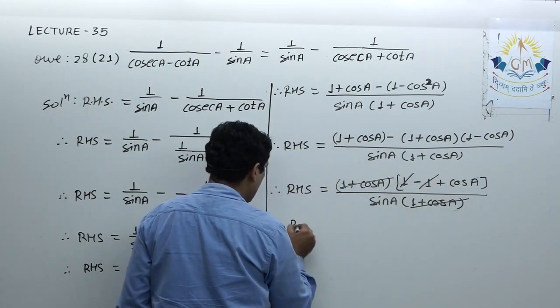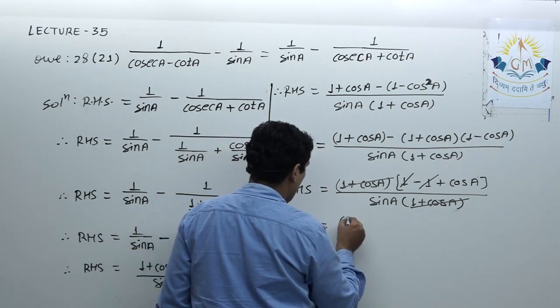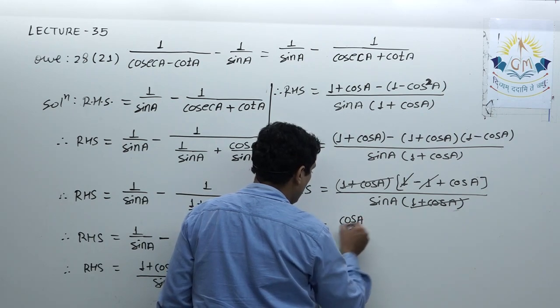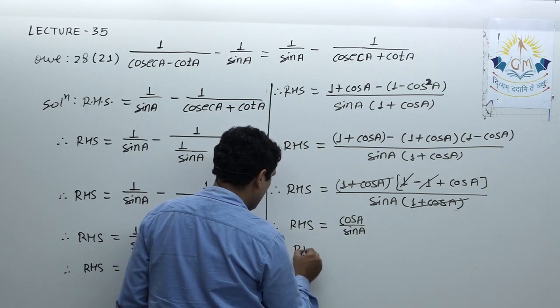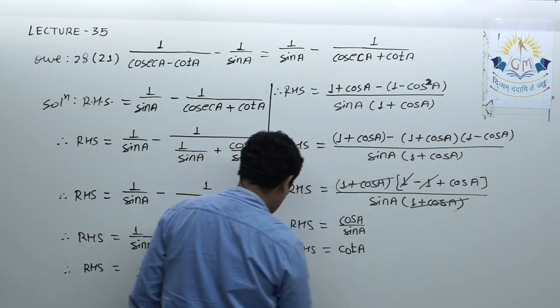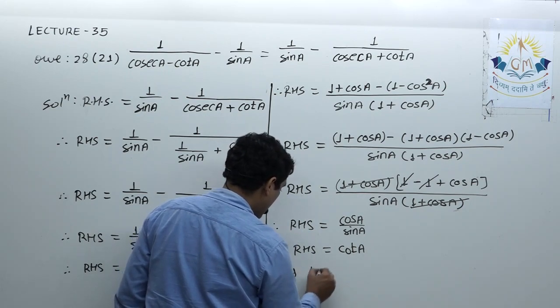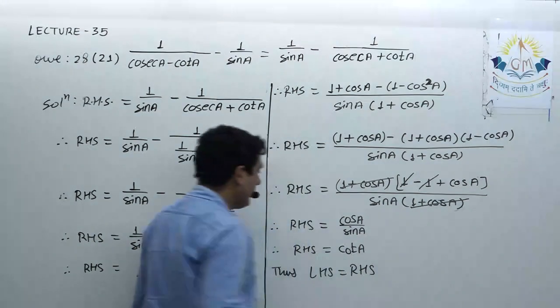So ultimately in RHS I have cos A upon sine A. RHS is equal to cot A. We can say left hand side is equal to right hand side.